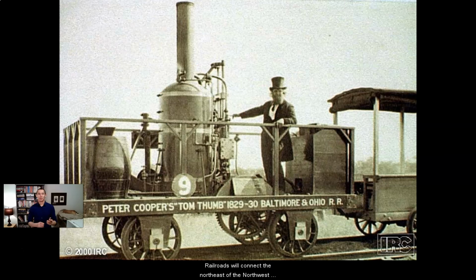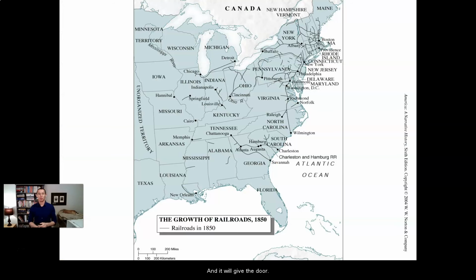Railroads will connect the Northeast and the Northwest between 1850 and 1860 to make them just the North, which will get much, much larger in terms of population, in terms of resources, and it will give the North all the advantages.